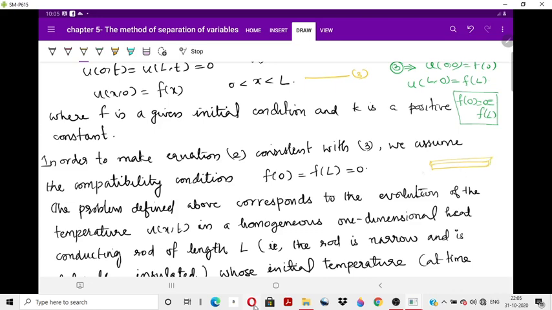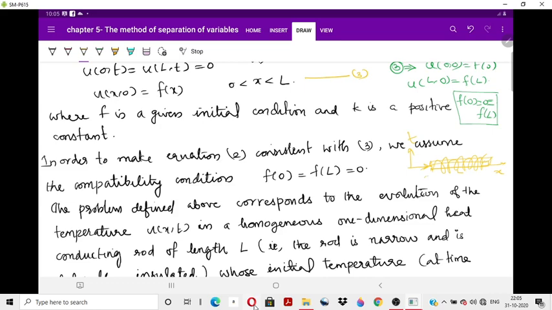So this is a rod of length L, and heat is conducted along this rod, and this is a laterally insulated rod. Along the direction of heat passing we are taking the x-axis, and the time t is taken along the vertical axis.